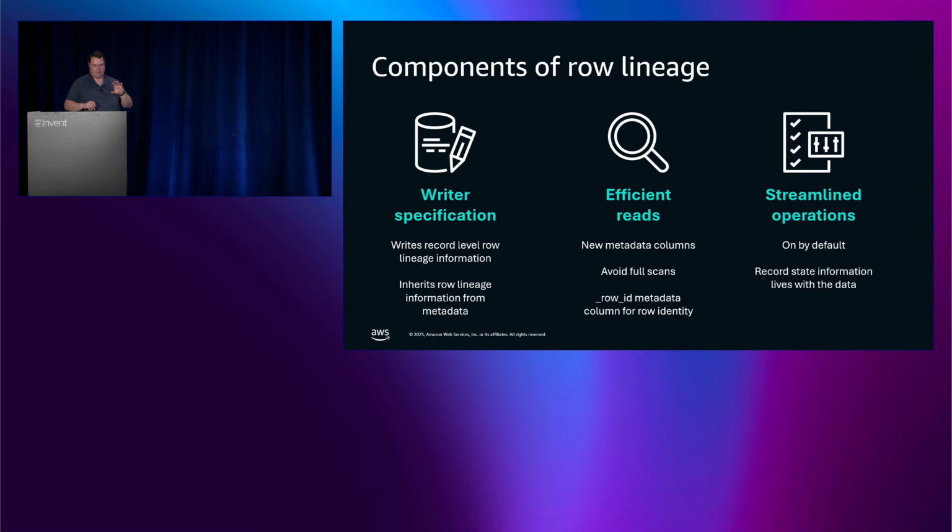The row lineage information is stored right on the record. So you have that row lineage state information in the snapshot, in the record, in the table itself. If you want to do time travel, you're going to get the time travel equivalent of what that row lineage looked like at the time you query.